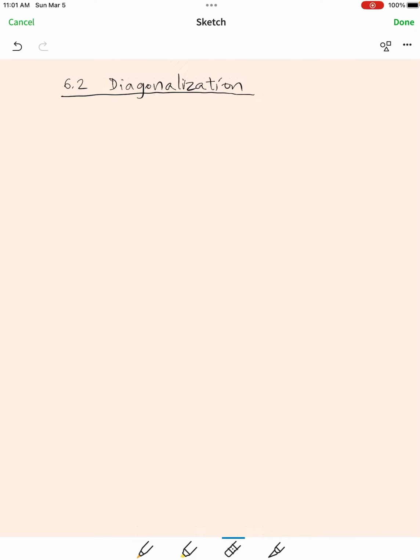And now we're going to talk about diagonalization. But before we talk about what that even means, can I write a theorem about eigenvalues and eigenvectors? This should give some more intuition about eigenvectors. So let's say you have an n by n matrix A, a square matrix.